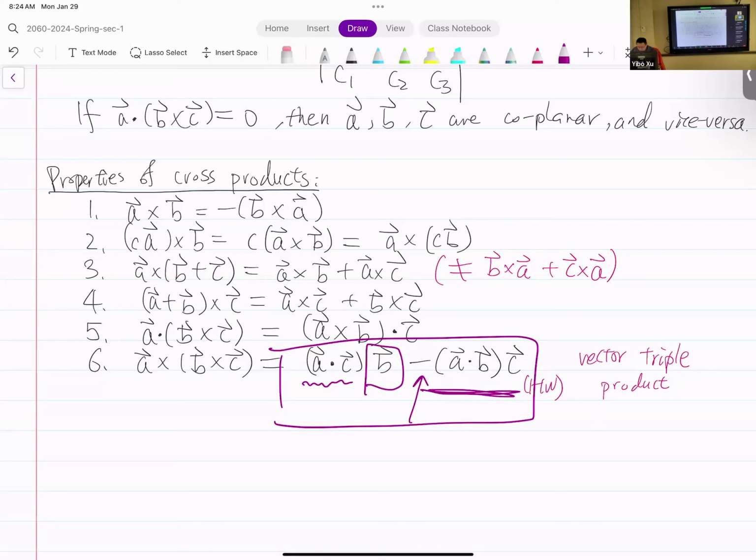Eventually you will get an expression for the right-hand side vector. And then for the left-hand side vector, there will also be 3 components. It may be a little complicated, and then eventually you just match the left-hand side with the right-hand side. If the vector on the left has the same I component as the vector on the right-hand side, and the J component is also the same, and the K component is also the same, then these 2 vectors are identical. That's exactly what I'm asking you to do, like a proof.